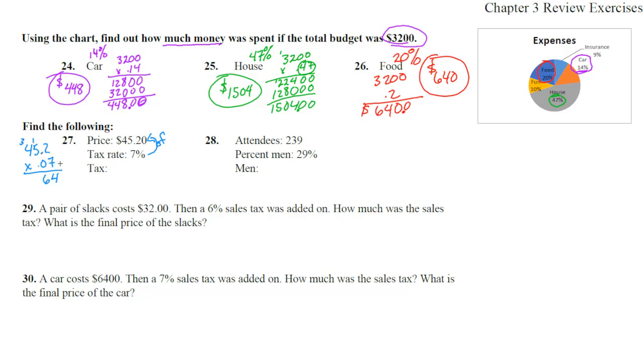Carry the 3. 7 times 4 is 28, plus 3 is 31. And we have 1, 2, 3 digits behind the decimal place. So it's 3.164. In dollars and cents, that would be $3.16. That 4 means we do not round up to $3.17. Good.